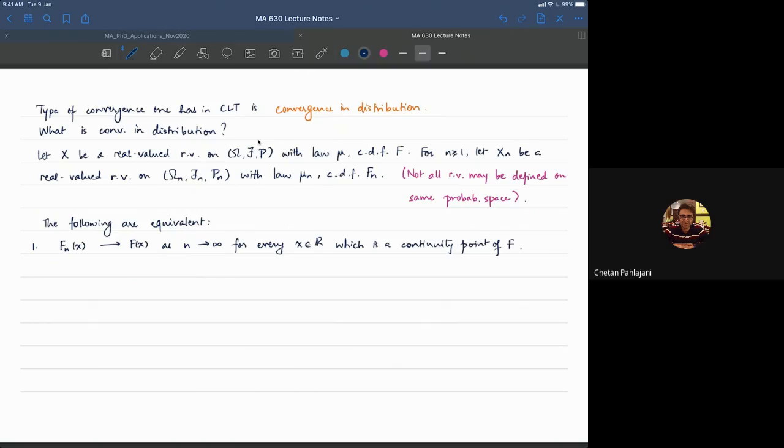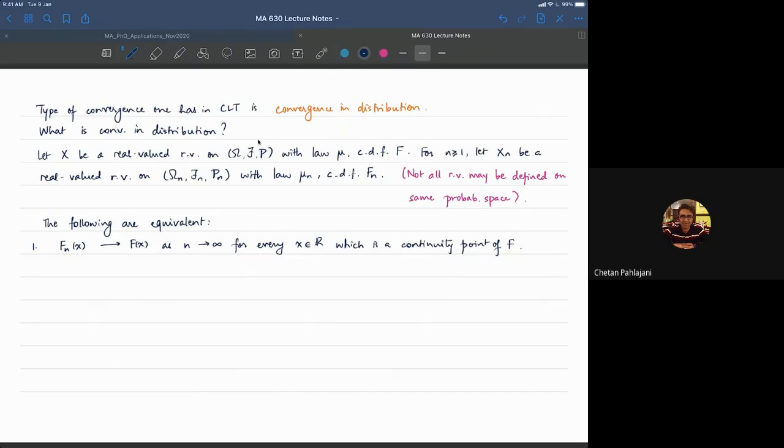Basically, in the end, I'm going to say that all these statements mean convergence in distribution. So what is the first description of convergence in distribution I'm giving? Fn of x should converge to f of x as n goes to infinity, not necessarily for all real numbers, by the way, but only for every real number x in R which is a continuity point of f.